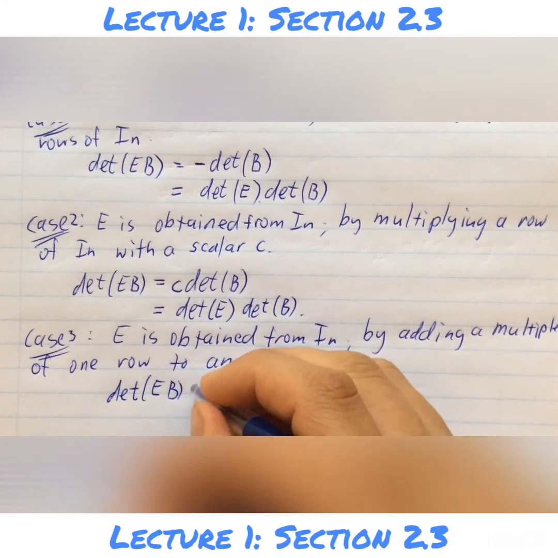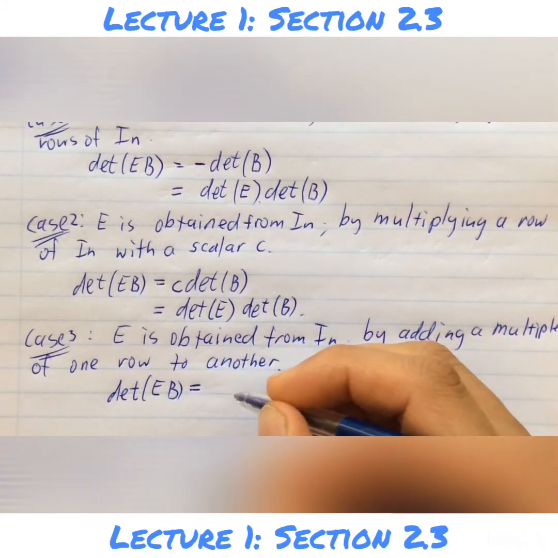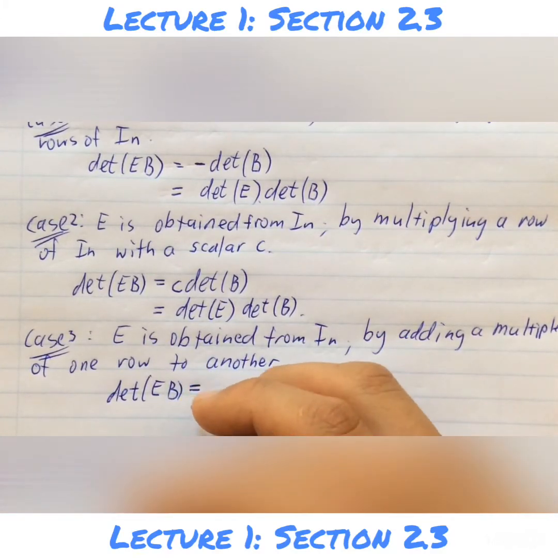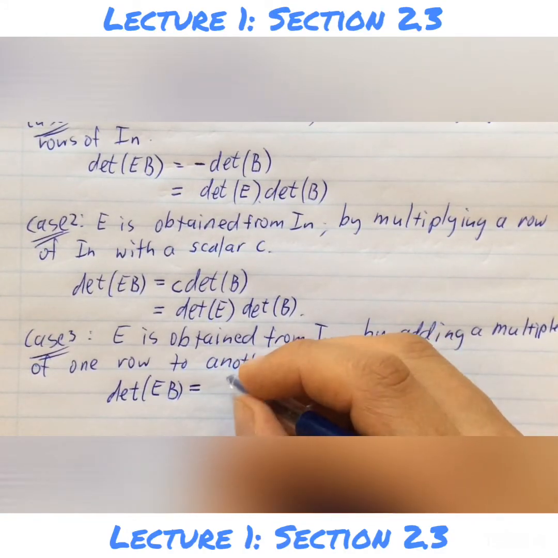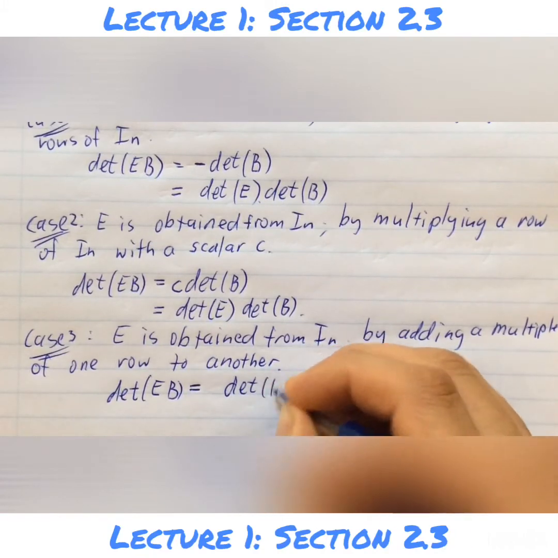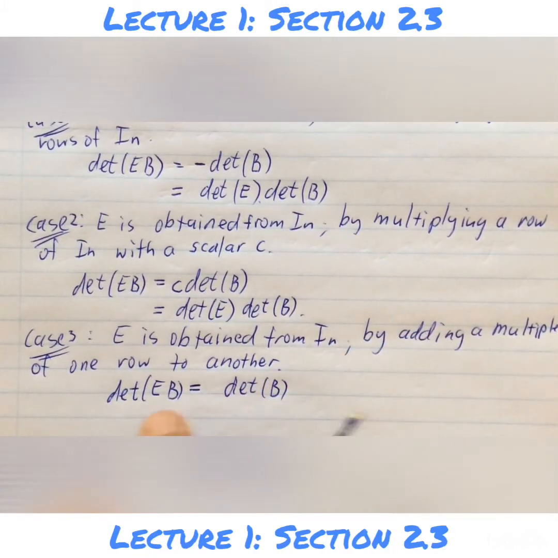Now, according to a previous theorem from sections 2.1 and 2.2, the matrix that you get by adding a multiple of one row to another has the same determinant as the old matrix. So the old matrix is B, and EB is the new matrix. So the determinant stays the same.